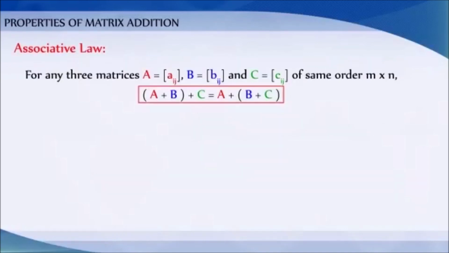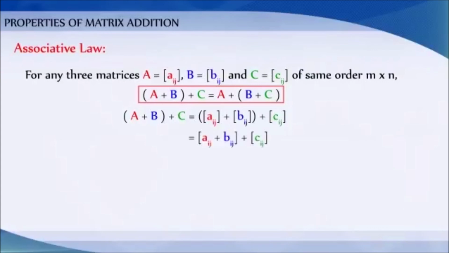Associative law. For any three matrices A is equal to Aij, B is equal to Bij, C is equal to Cij of the same order m by n, A plus B plus C is equal to A plus B plus C. That is, A plus B plus C is equal to matrix Aij plus matrix Bij plus matrix Cij. Now, matrix Aij plus matrix Bij can be written as matrix Aij plus Bij, plus Cij, which is equal to matrices Aij plus Bij plus Cij.